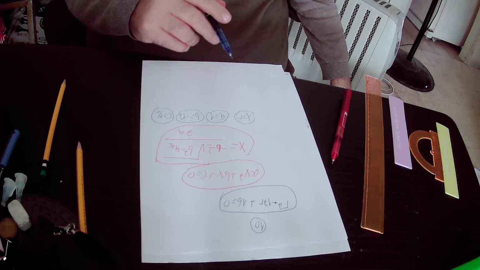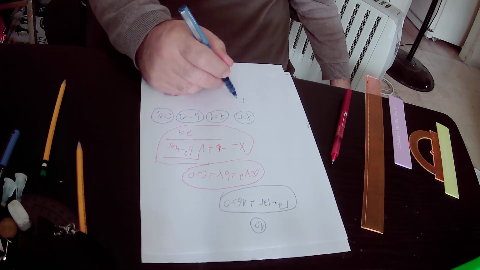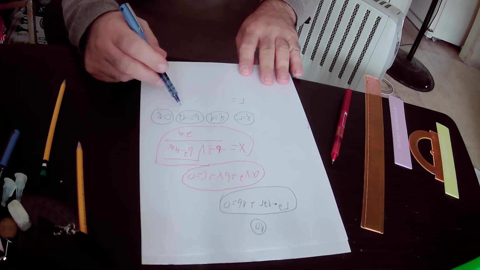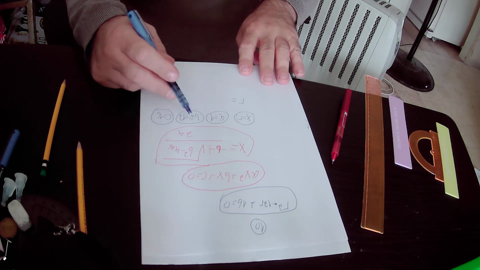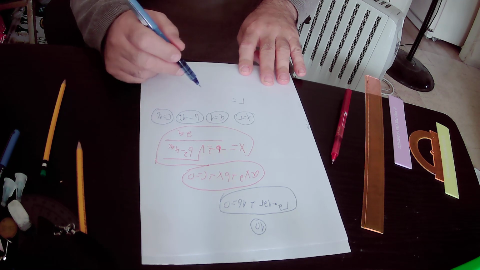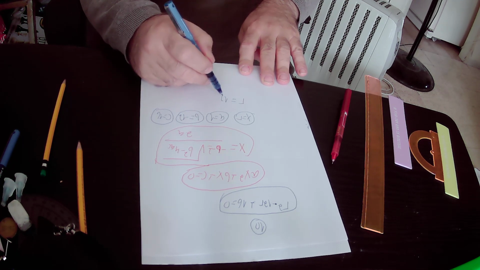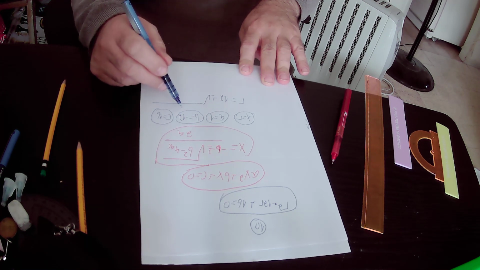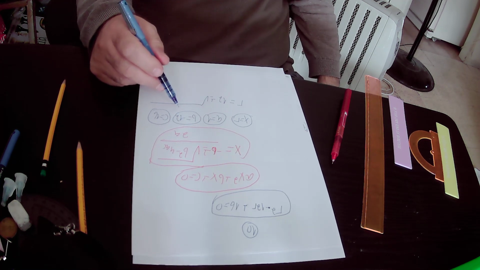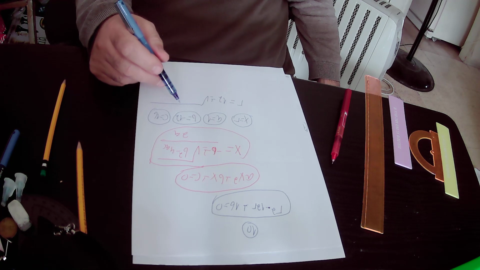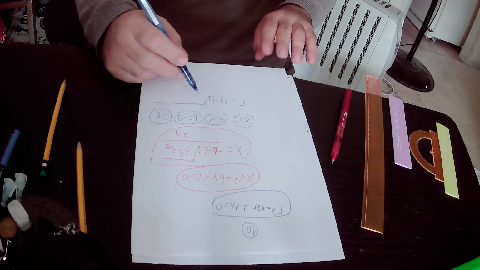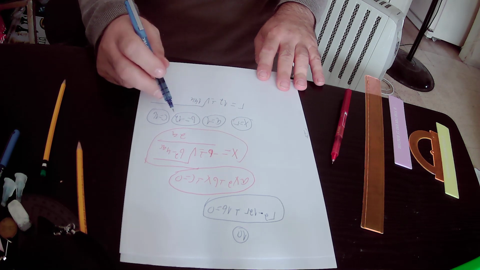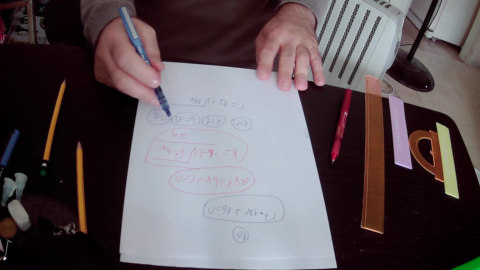So x equals to r, so r equals to minus b, b equals to minus 12, so minus b is minus minus 12, which is 12, plus minus the root of b squared, b equals to minus 12, so b squared is minus 12 squared, which is 144, minus 4 times a times c.